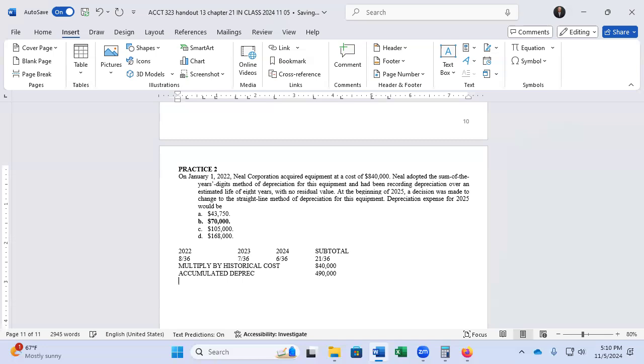So our book value: $840,000 minus the 490,000 equals 350,000.